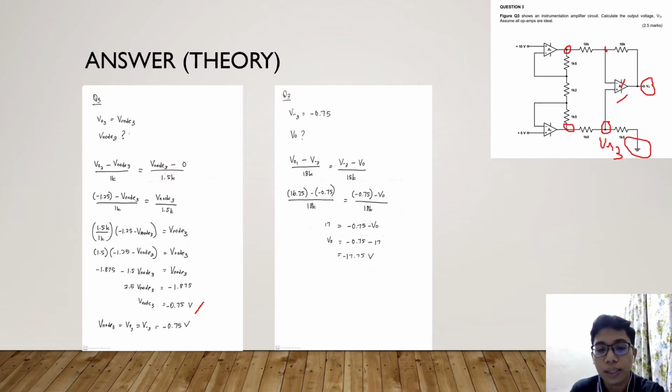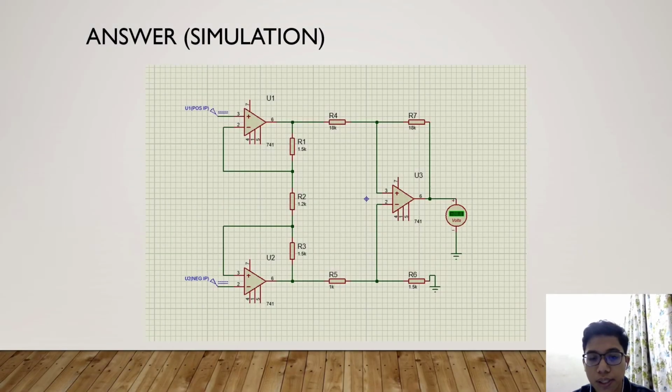After substituting the values of V output 1 and V minus 3, we get V output equal to negative 17.75. Alright, so this is the answer for the simulation circuit.